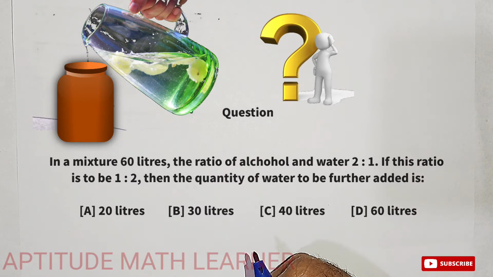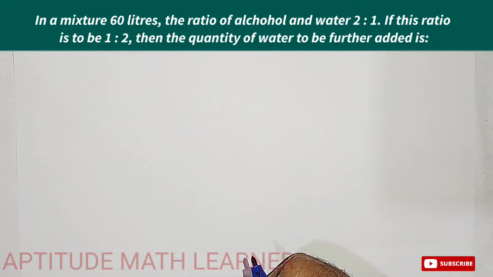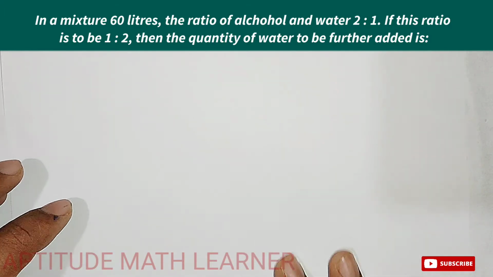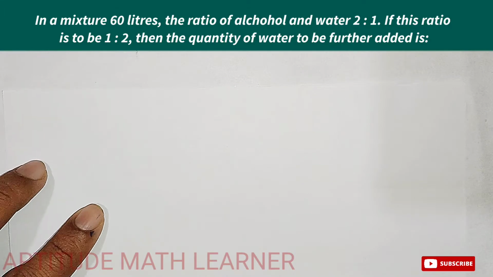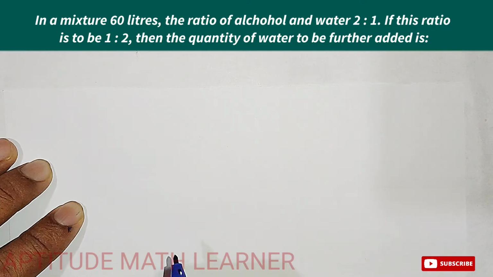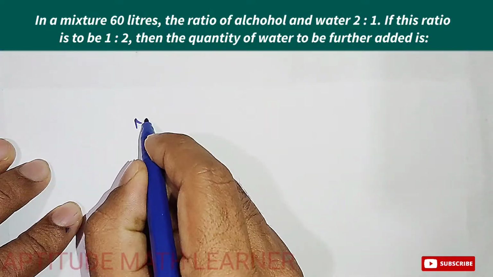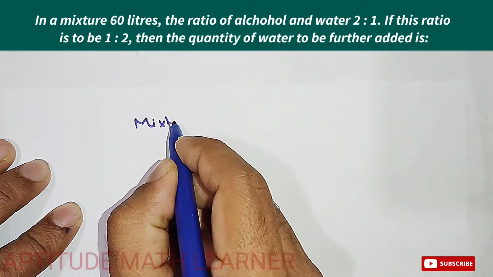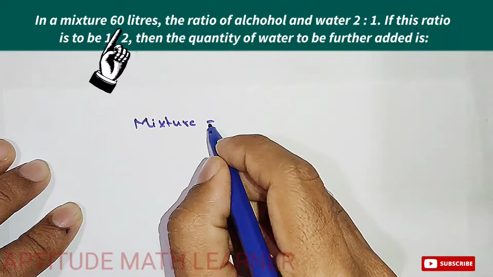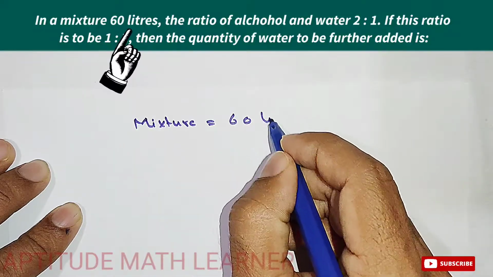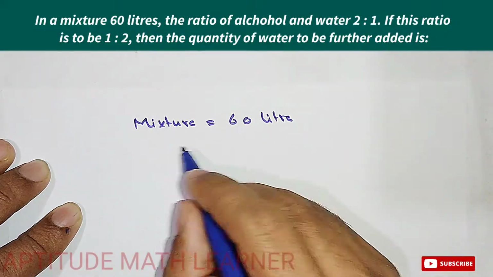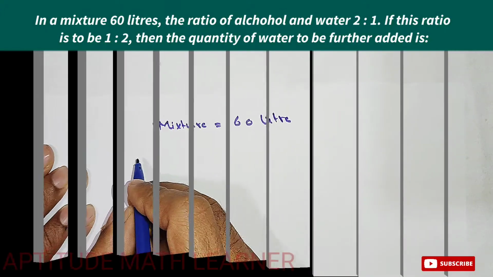For this, the first thing we have to do is find out the quantity of alcohol and water in the current mixture, that is 60 liters. So this is the current mixture.